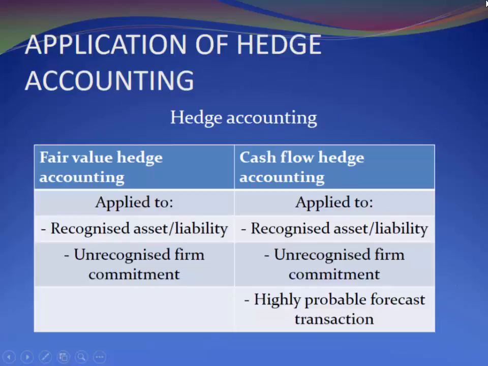Fair value hedge accounting is applied to a recognized asset or liability and an unrecognized firm commitment, and cash flow hedges are applied to recognized assets or liabilities or unrecognized firm commitments or a highly probable forecast transaction. Let's just discuss those last two items. Unrecognized firm commitment.